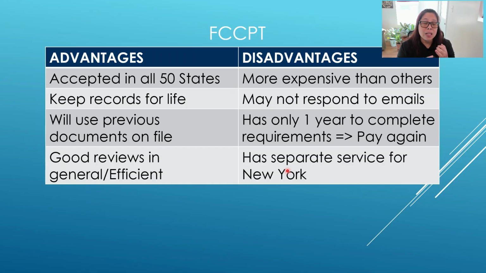But that credentialing part will not apply to New York because, again, New York has a separate New York credential evaluation, or credential verification. So it's like a double expense if you're going to use FCCPT, okay?